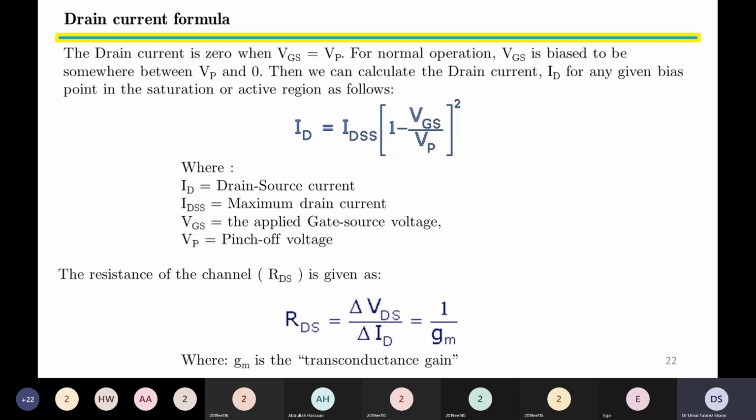So RDS is a slope. It is the ratio of VDS and current ID. And RDS is equal to 1 over GM, where GM is the transconductance gain.